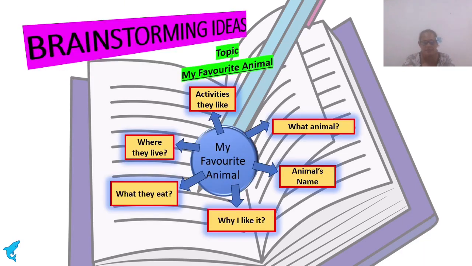The first writing strategy that I'll be explaining to you is brainstorming ideas. You must be wondering, what is brainstorming or how do we brainstorm? Brainstorming is when you think of as many ideas as you can about a topic. Before you start writing, it helps students to brainstorm and plan.